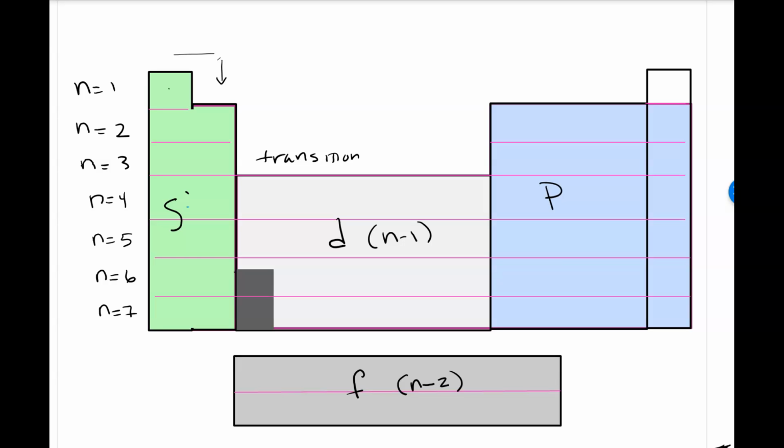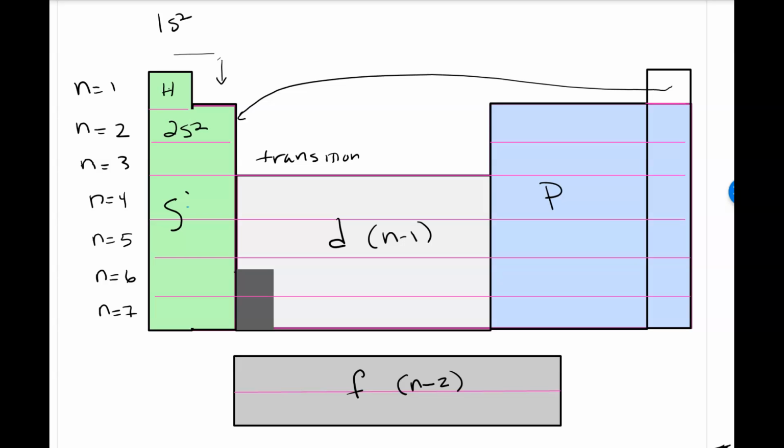If I start here at hydrogen, that is a 1s orbital. The second electron to go into that 1s orbital is here. So that would be 1s2. So after I've filled the 1s orbital, I then go down to the next row and I fill 2s2 in the first two groups.